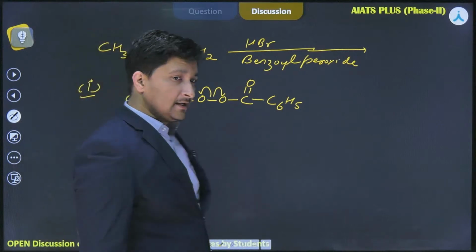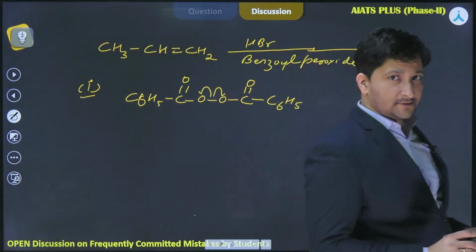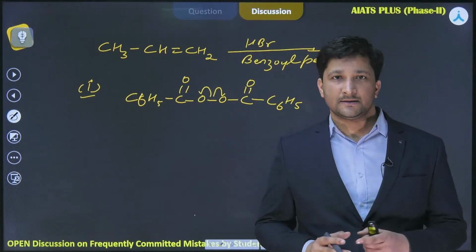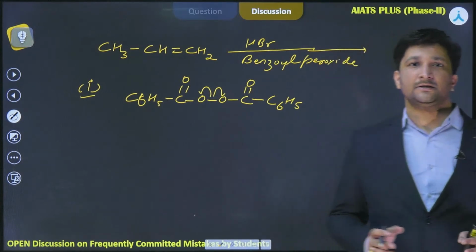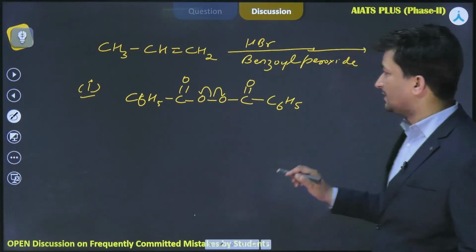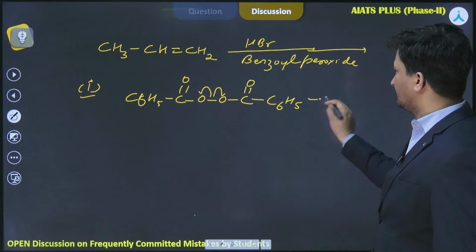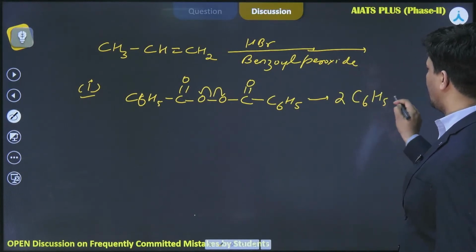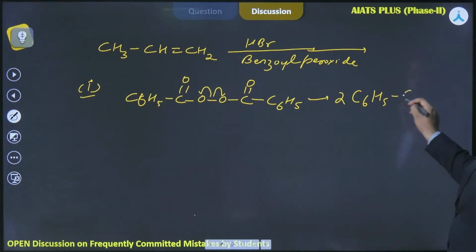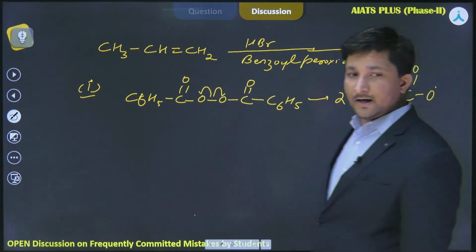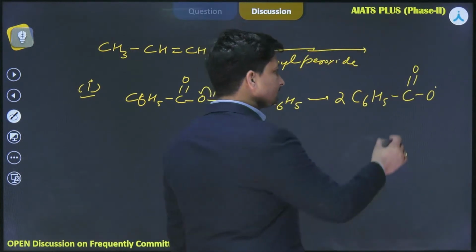And let me tell you one thing, that if the first step of the reaction is homolytic, then other parts of the same mechanism will also follow homolytic cleavage. And due to this homolytic cleavage, you will first of all get 2 moles of C6H5, C double bond O. And now again, after this what will happen?